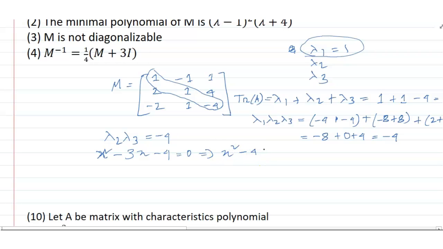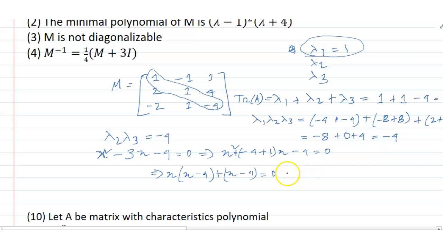It factors as x minus 4 into x plus 1 equals to 0.